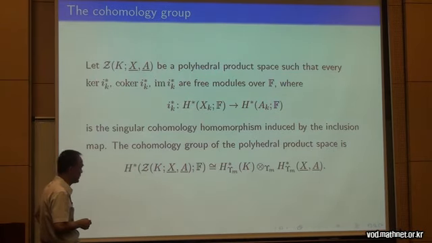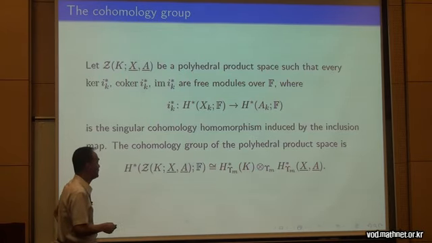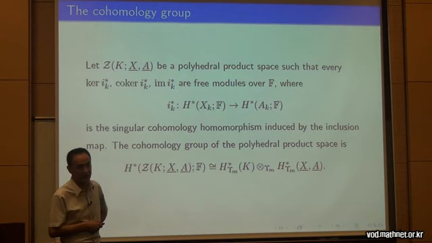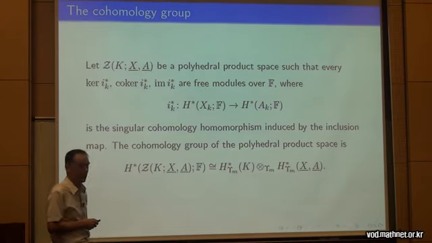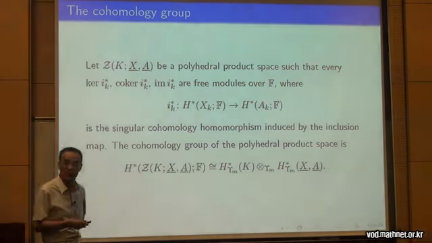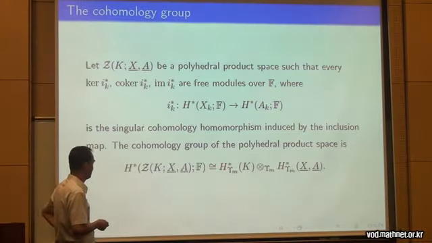The cohomology group of the polyhedral product space is the diagonal tensor group of this total cohomology group of K and the homology of XA underline. And so now we have determined the group structure. What about the algebra structure? It's very natural.